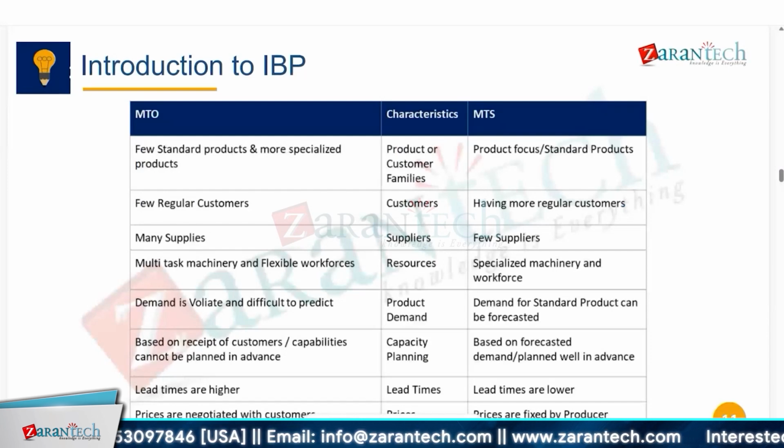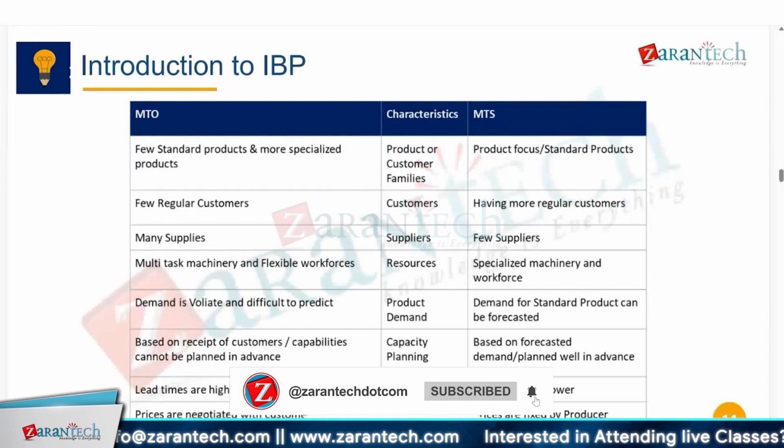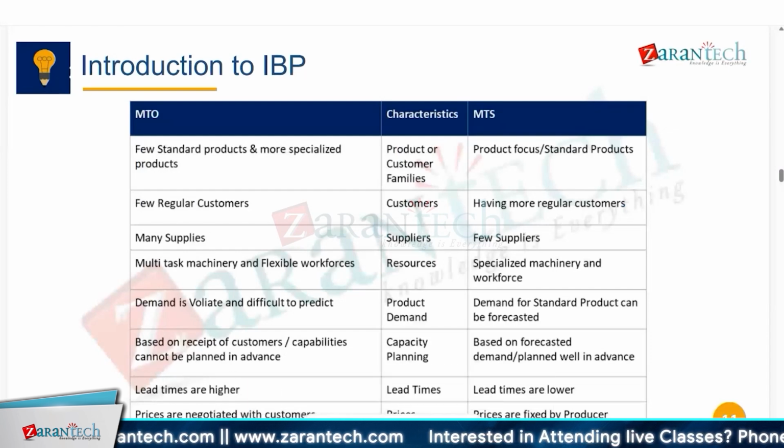So basically, for product or customer families, if it is an MTO product, that is made to order products, we have a very small amount of standard products, and most of the products which fall under the category of MTO are specialized products. These are products designed specifically with some special functions for some special customers.